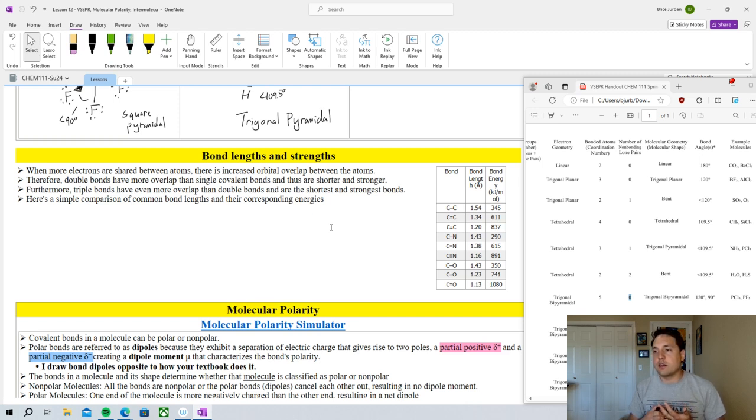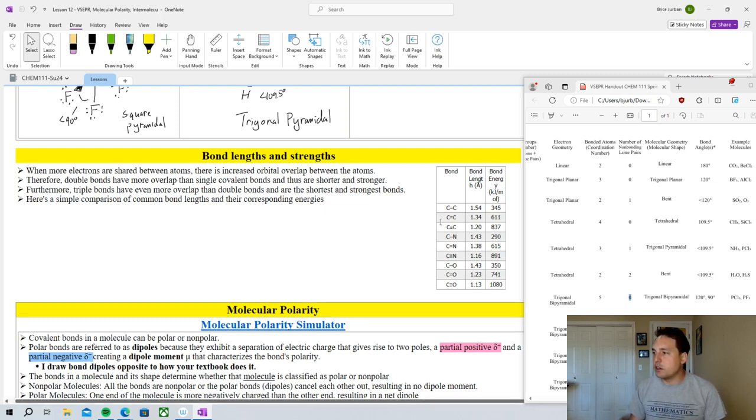And we expect then a double bond is going to have more overlap than a single covalent bond, thus resulting in a shorter bond and a stronger bond. If we go on to add two more electrons in that bond, it becomes even more short and even more strong.